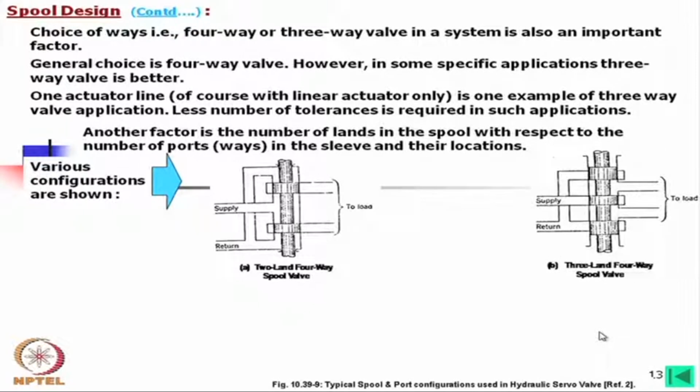Now, if we look into the other, this is 3-land 4-way spool valve. In that case, what is happening here is the oil is directly coming inside the valve, inside this spool stem, and it can move in either direction. When we are moving in this direction, the oil is going like this, and the return oil is going back through this path.